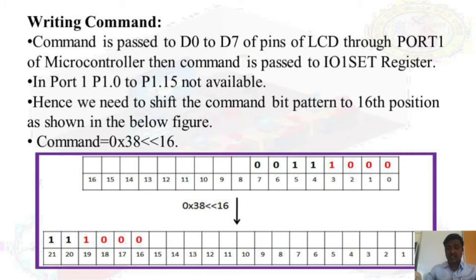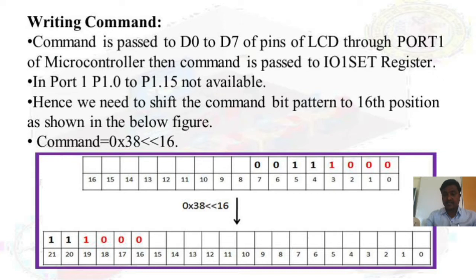In the figure shown here, before shifting, the data is written here, starting from position 0, 1, 2 and so on, which is the pin position, and the red characters show 0, 0, 0, 1, 1, 1, 0, 0, the data we are writing. If we use it directly instead of shifting, it will be written into port positions P1.0 to P1.15, but those pins are not available.